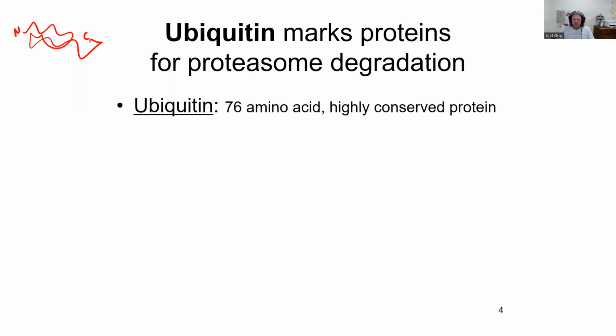Now, ubiquitin is a 76 amino acid protein. It has a sequence that is very highly conserved across organisms. And think about it as itself a protein that doesn't have a particularly unique enzymatic function or anything of that nature.